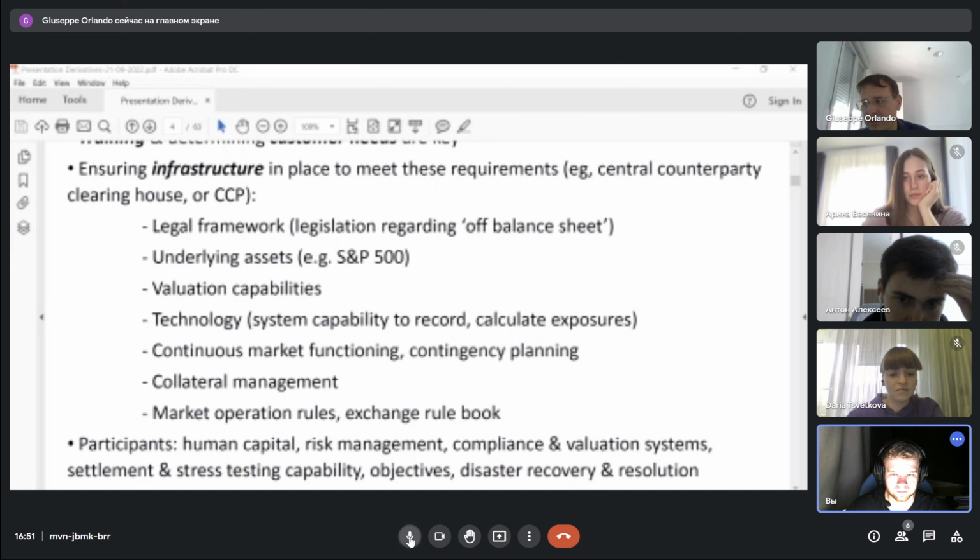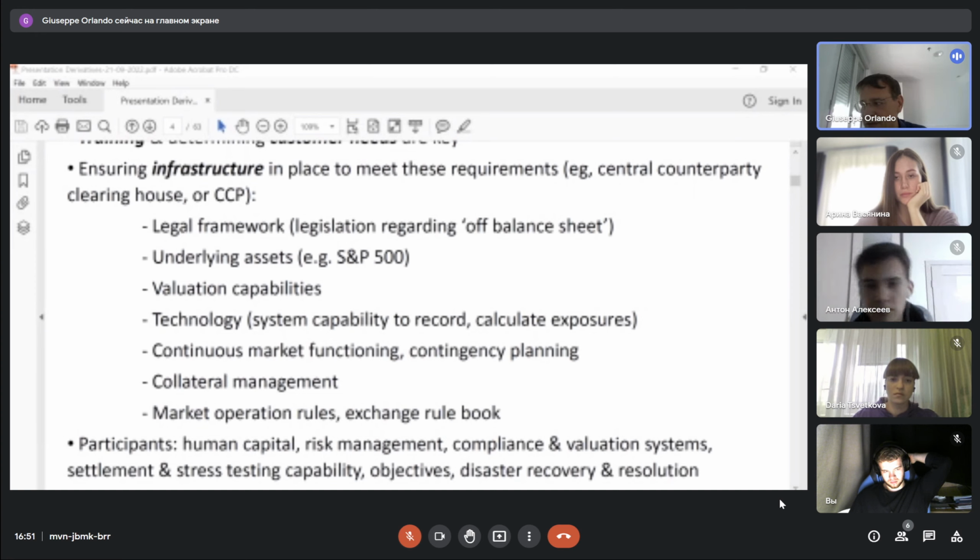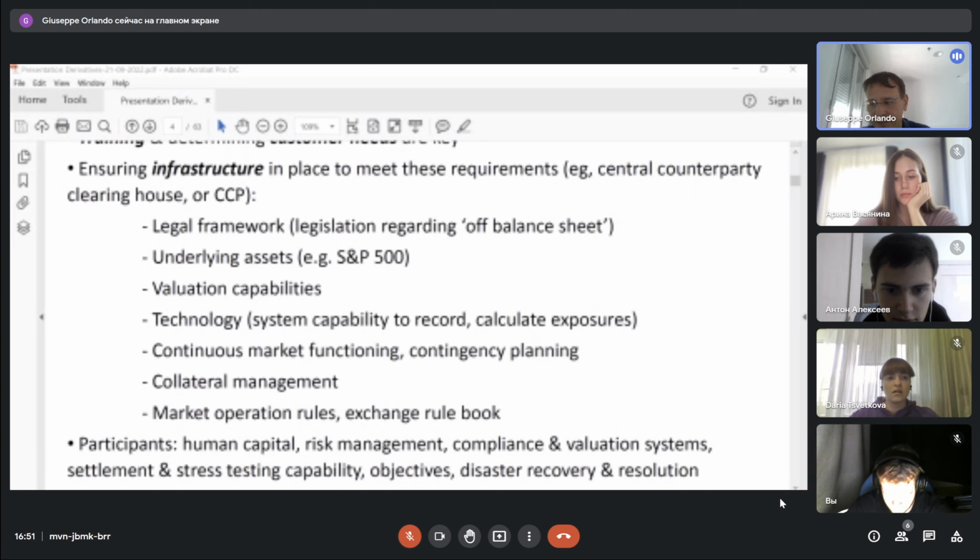Yes. Okay. In this case, there are central counterparty clearinghouses that are meant to reduce counterparty risk, because if there is a credit and a debt, they do the offset. What is the meaning of this offset?